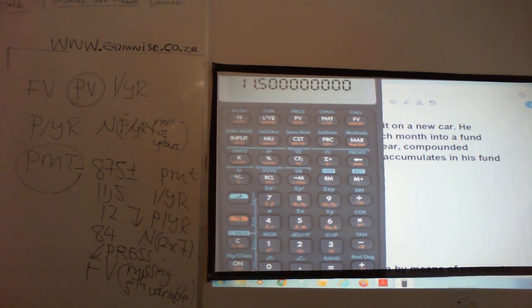Then 12, press down arrow, then P over YR, and then 84, and we press our N. Then we press our future value.